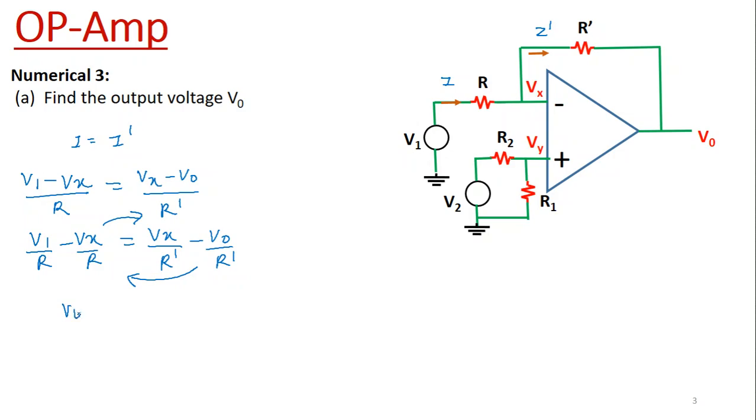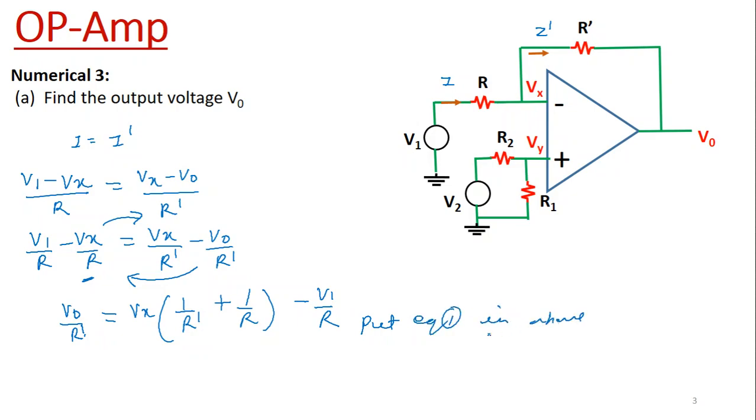So we get Vo by R dash is equal to Vx into (1 upon R dash plus 1 upon R) minus V1 by R. This we are going to get. In this equation we put equation number 1.